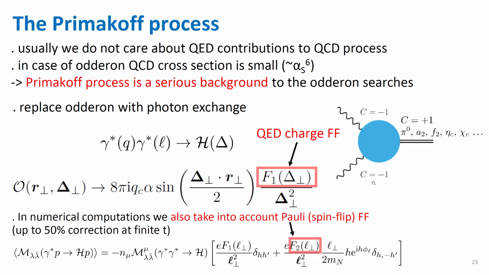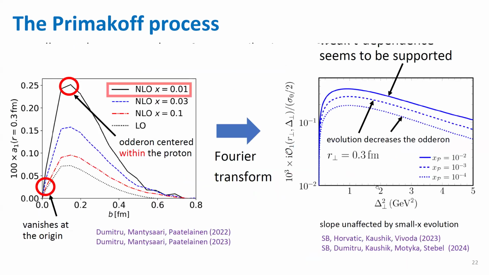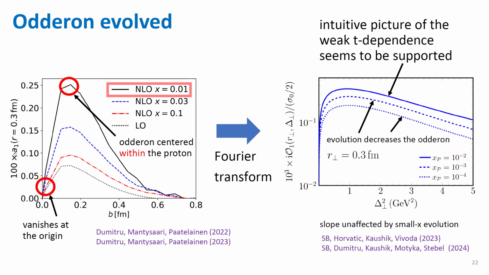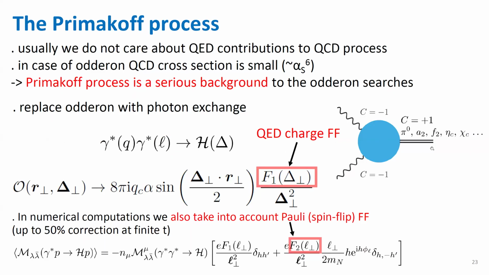So naively, you would say, okay, this is a QED process, so this should be small, and you are right. But of course, as I showed you, the Odderon amplitude is itself small. So we should care about even QED corrections in this case. And this is simple to compute. You just compute the gamma-gamma sub-amplitude, and you multiply with the Dirac and the Pauli form factors to get the full amplitude.